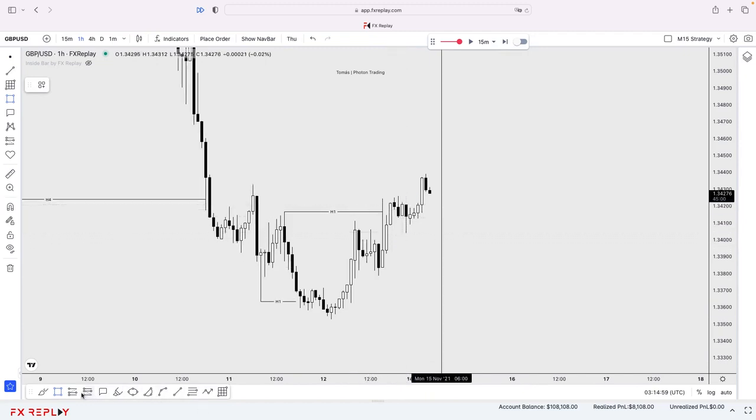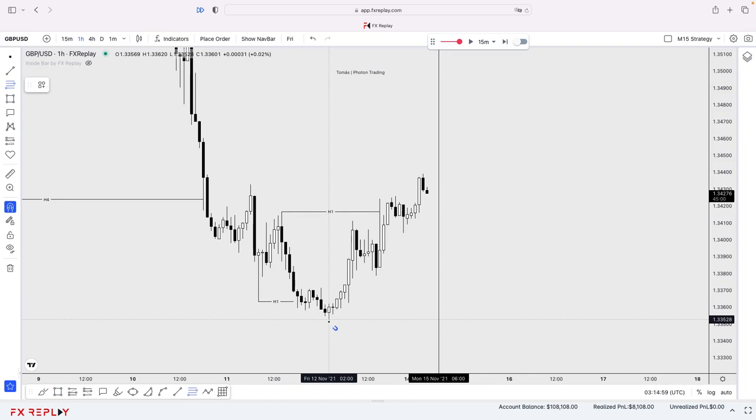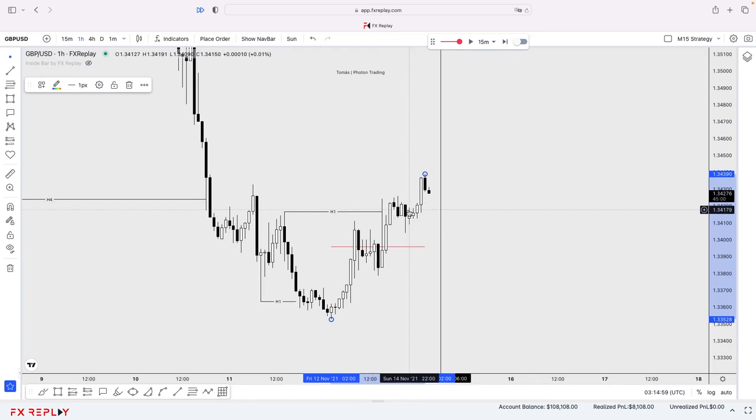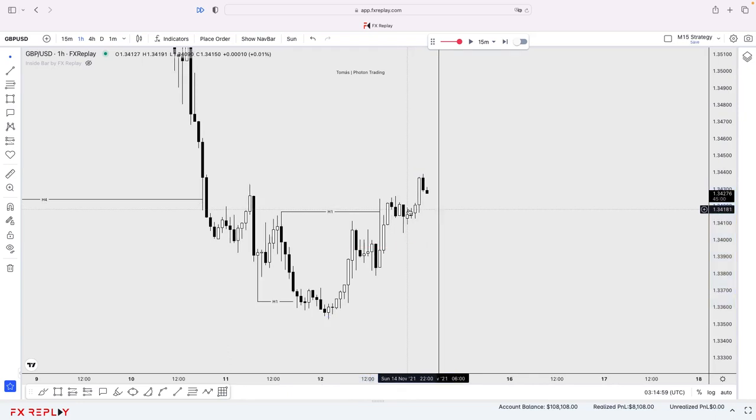So if I use all the confluence of this leg, it will be interesting to play from this POI. It's at EQ. This isn't at the premium. It's not ideal. Yeah, for me, it's not ideal.